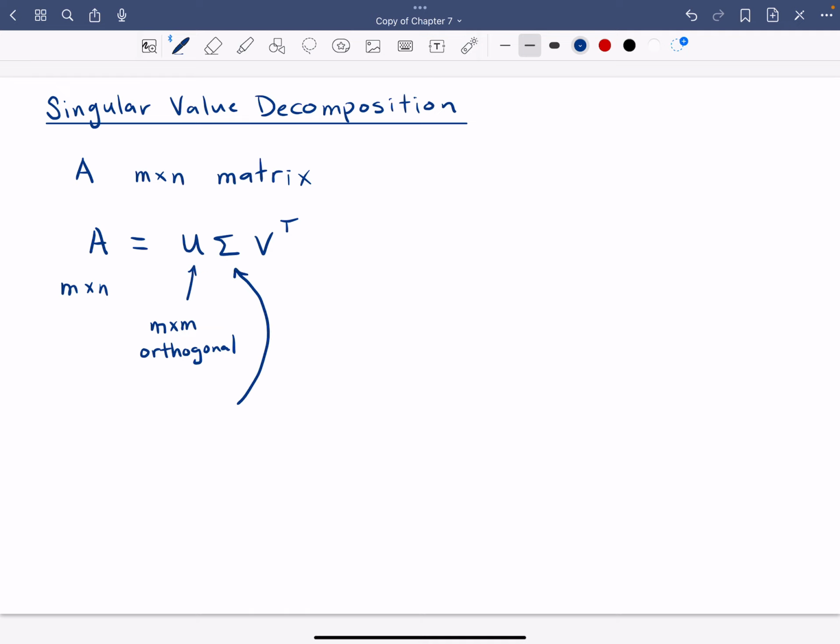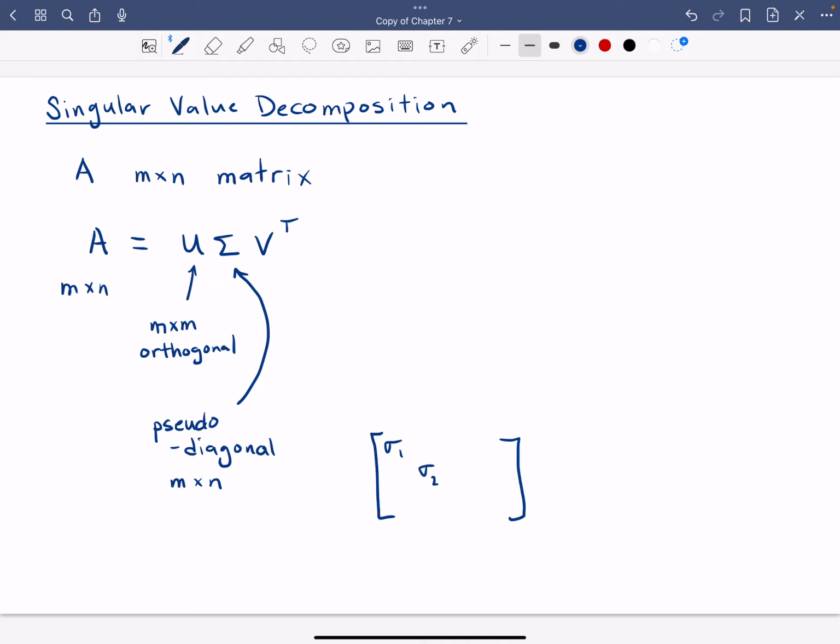Sigma is going to be what I'm going to call a pseudo-diagonal matrix. That's not really a term you're probably going to see anywhere else. It's going to have the same shape as A, so it's m by n. What I mean by pseudo-diagonal is, say A is a 3 by 4 matrix. Then it's going to look basically diagonal.